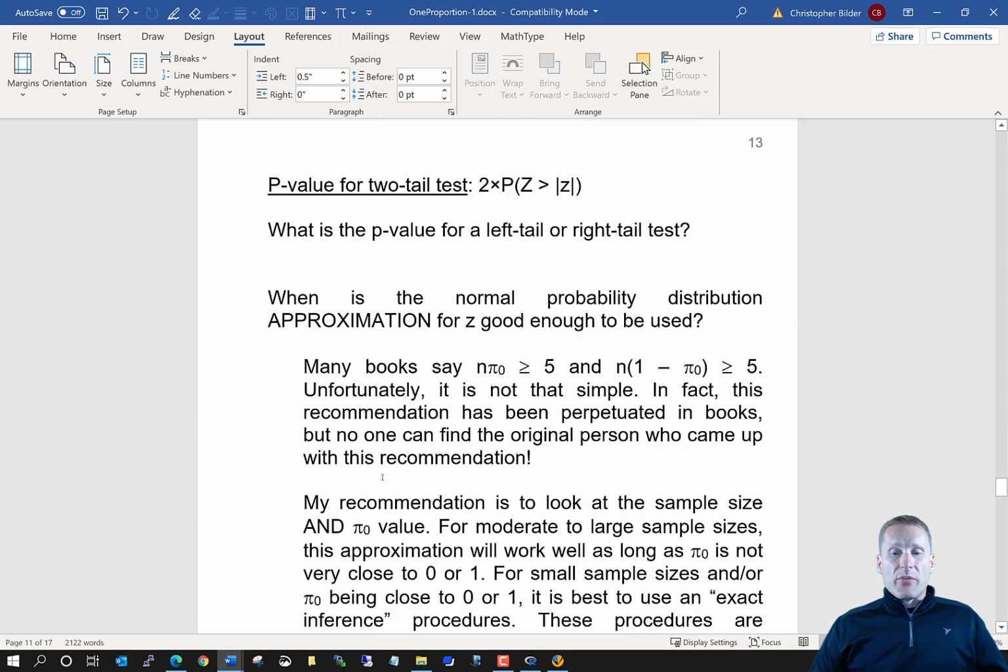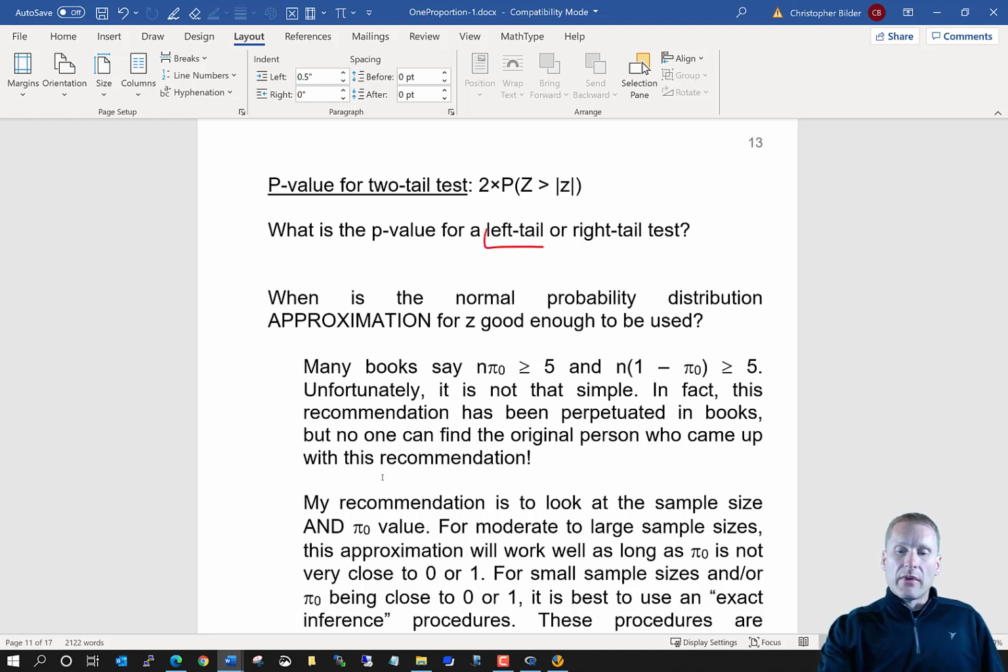We could also do a p-value. Again, what the p-value is measuring is how extreme the test statistic is relative to the probability distribution that's created assuming the null hypothesis is true. So for us, it would be 2 times the probability a standard normal random variable is greater than the absolute value of the observed test statistic.